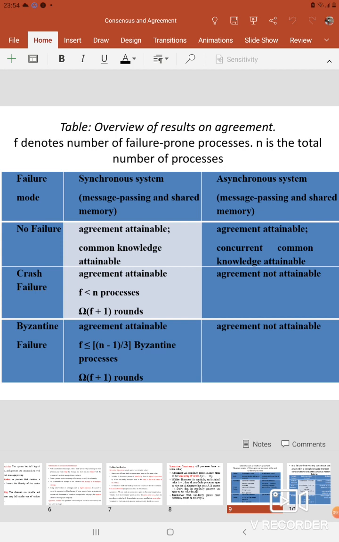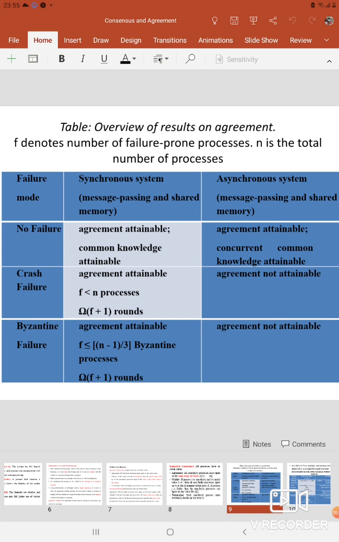We have separated the cases and go with both types, the message passing system as well as the shared memory system. If the processes do not fail, then you can easily attain agreement. In a synchronous system, you can attain common knowledge also, whereas in an asynchronous system, you can attain concurrent common knowledge. Here also agreement is possible.